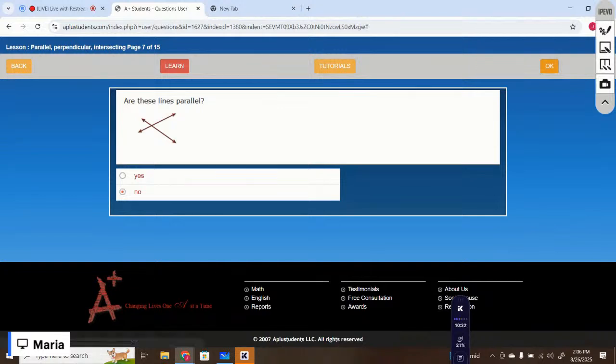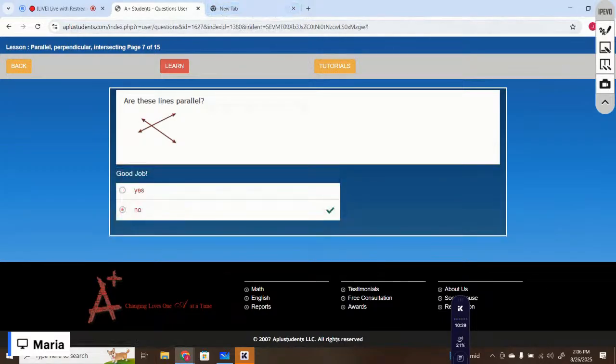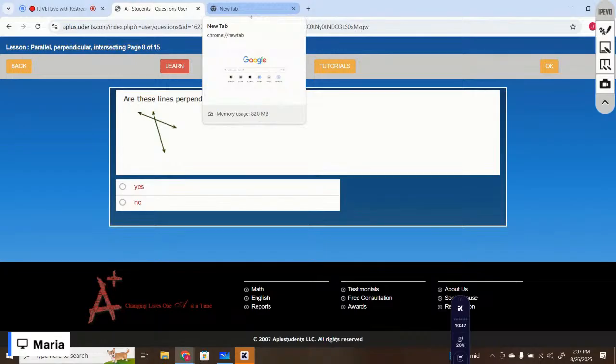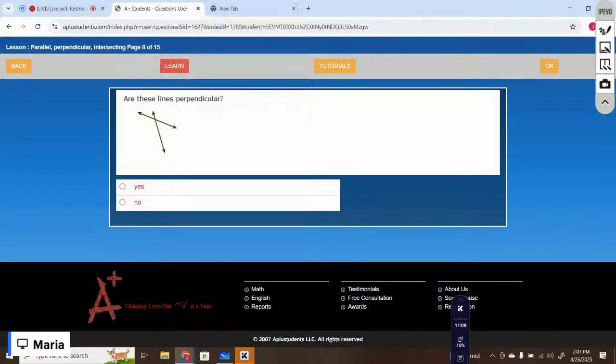The correct option is no. Are these lines perpendicular?